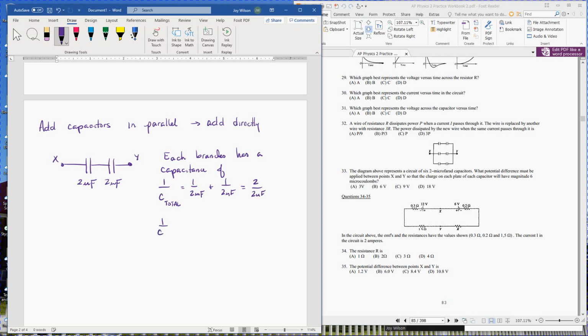So we have C total equals 1 over 1 microfarad. So we cross multiply here. We get 1 times 10 to the negative 6th equals C total. So that's the capacitance on each branch.